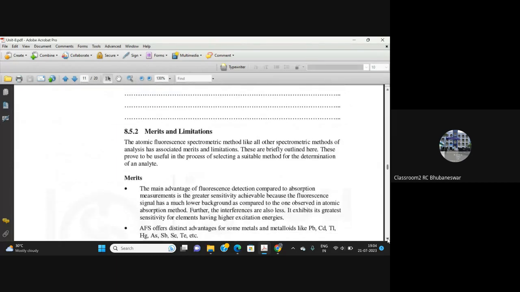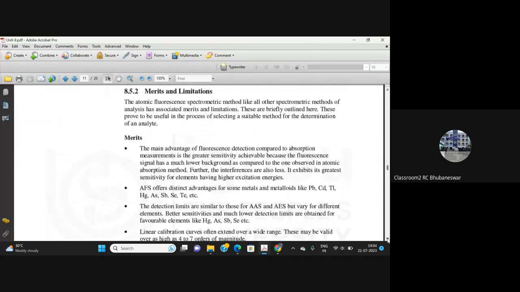Okay. Then coming to merits and limitations, the main advantage of fluorescence detection compared to absorption measurement is greater sensitivity. I was repeating this one in the last class itself.